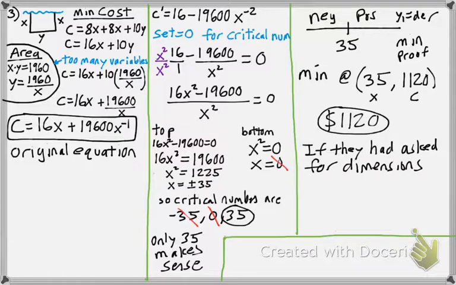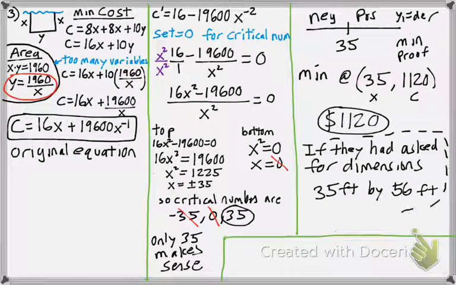If you go back to your y equation and plug in 35 there, then you can get 56 for the y. So my dimensions are actually 35 feet by 56 feet. Again, they don't ask for that, but it's possible on a similar question that they might ask for that.